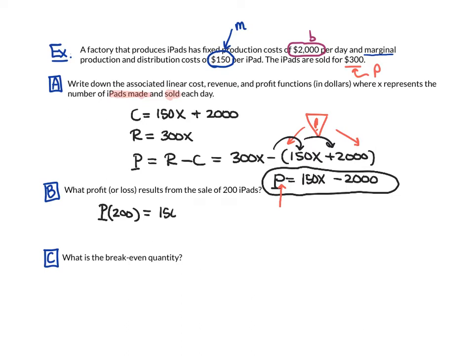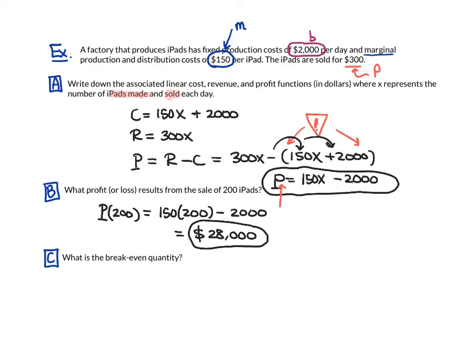So you basically just input 200 for X, and then you check out what's actually happening here. So you multiply 150 times 200, and then you're going to subtract 2,000. And you'll find that your profit is actually $28,000.